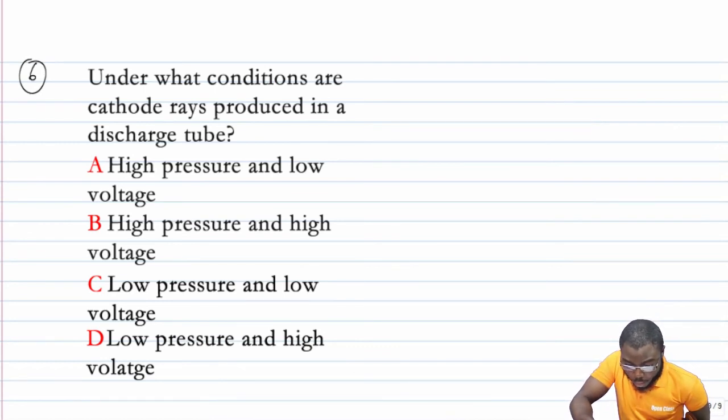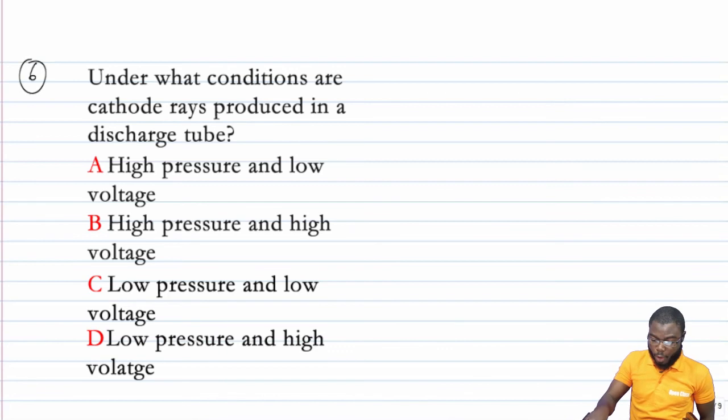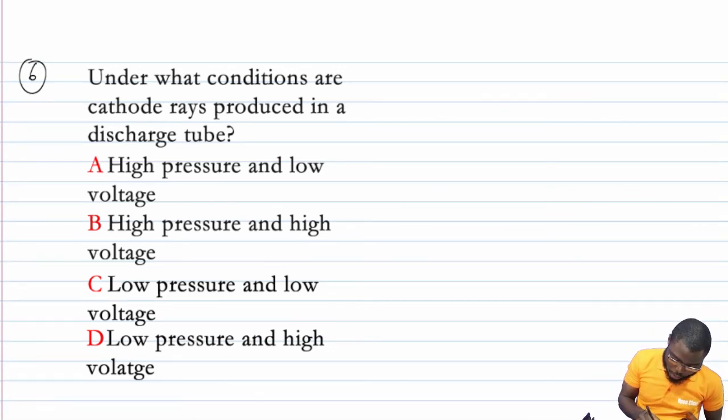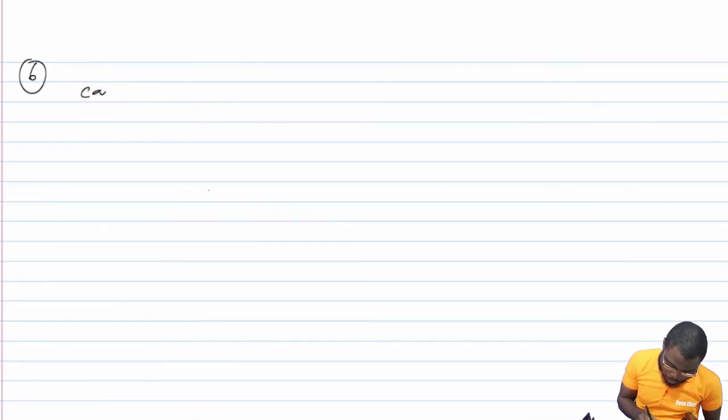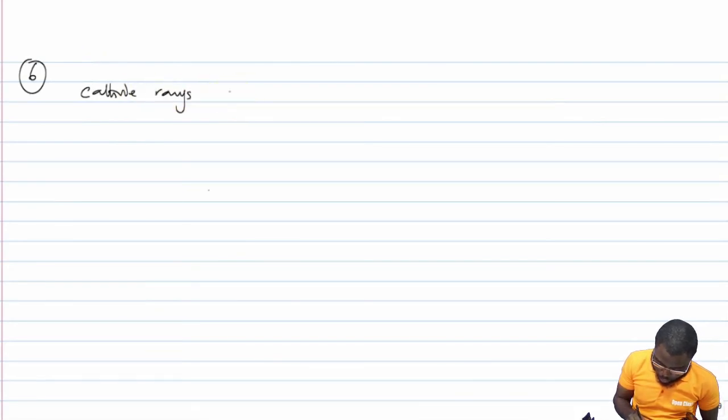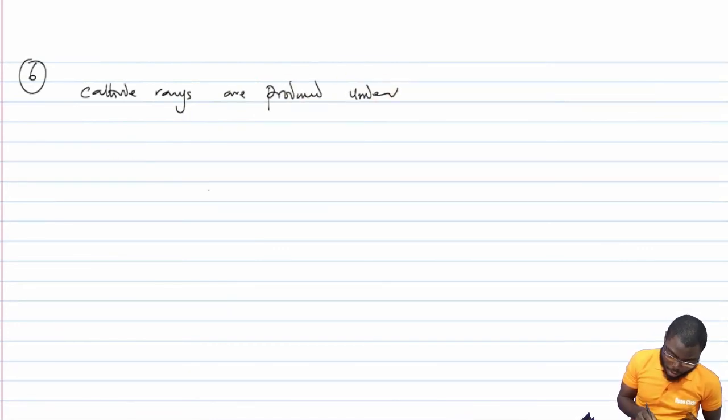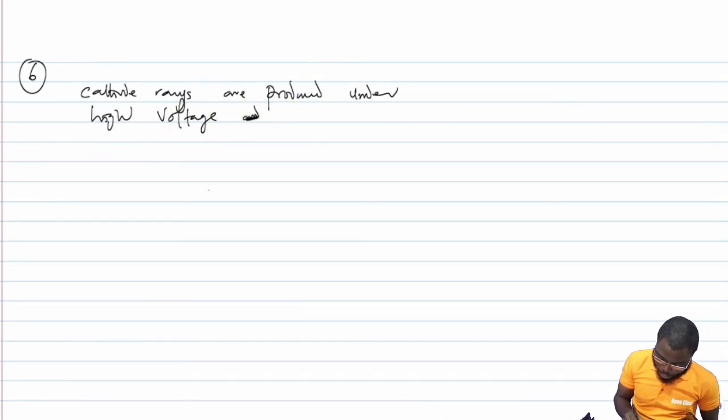So you can pick from your options: cathode rays are produced under high voltage but low pressure.